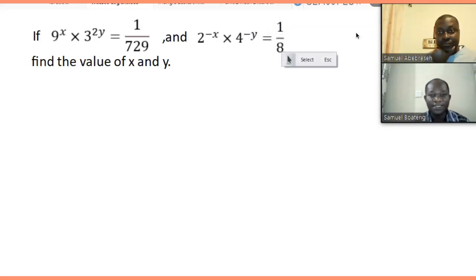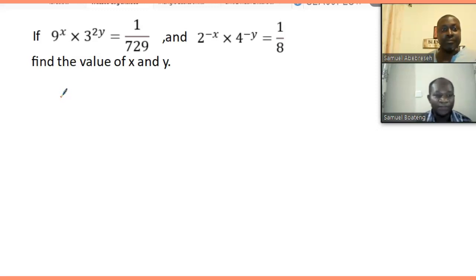This is simultaneous equation which involves indices. The concept is the same. So we have two equations. We need to simplify the equation or simplify the indices to generate our equation. That's what I mean. Okay.